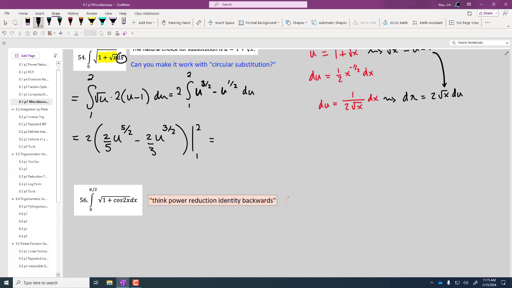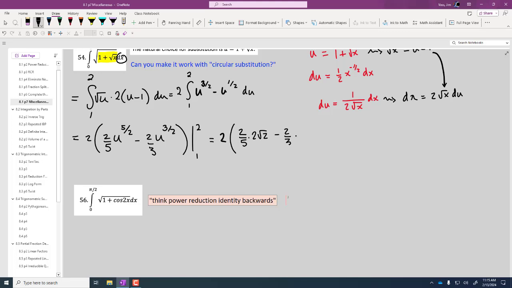Plugging in the 2, so that's square root of 2 to the 5th. If you have 2 of them, root 2 times root 2 is 2. So we're going to have 2 times 2, which is 4, times root 2. So we're going to have 2 fifths times 4 root 2, minus 2 thirds, 4 root 2.